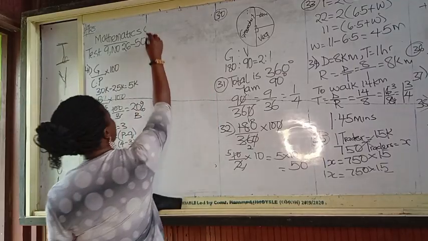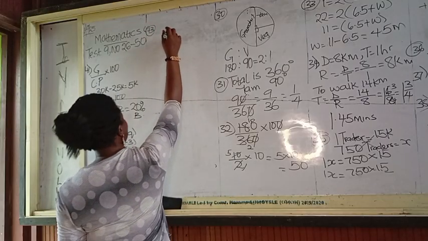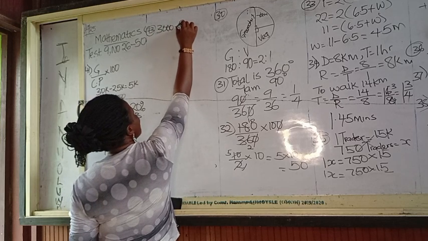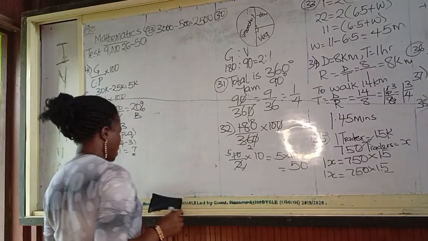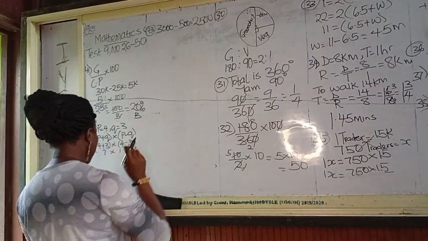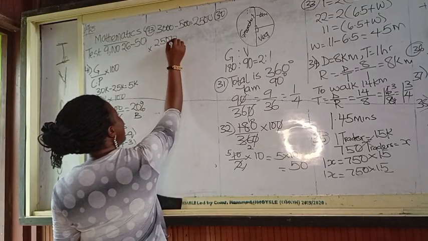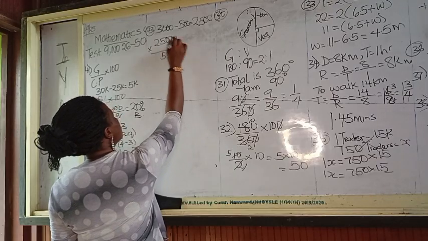So number 43. We are told that he is earning 3,000 naira, but the first 500 naira is tax-free. So he's going to pay tax on 2,500. And we are told that he's paying 50 kobo on every naira. So that would be 2,500 times 50.